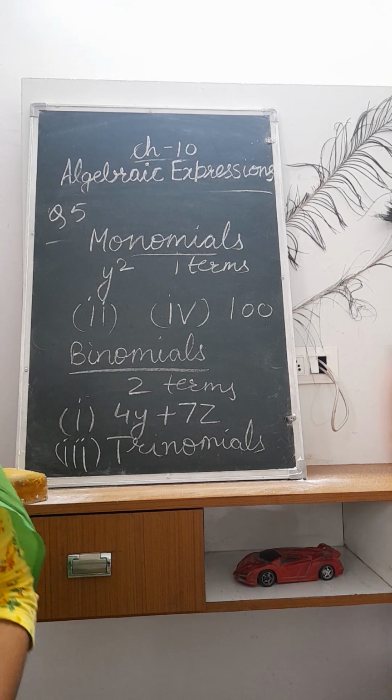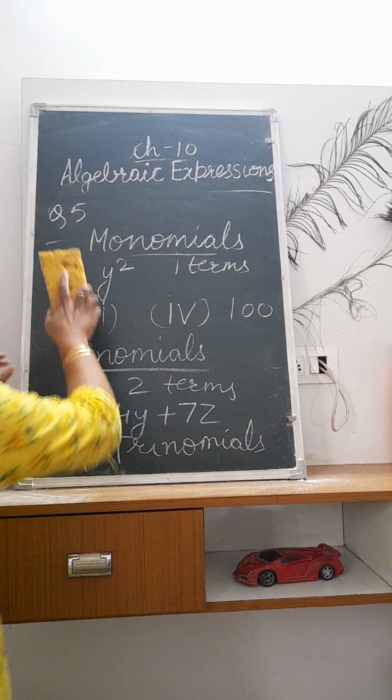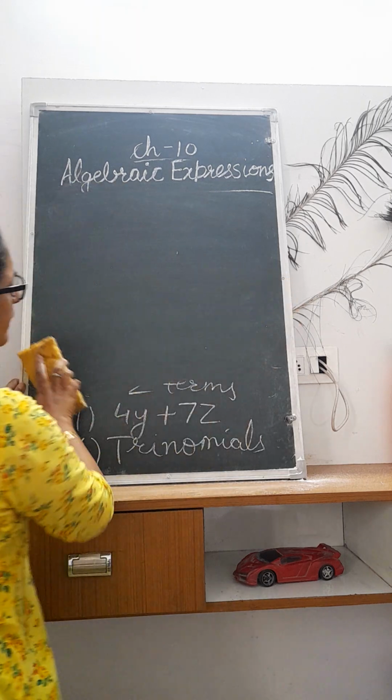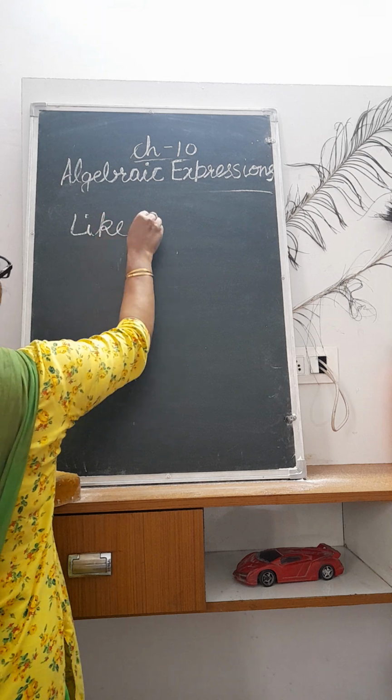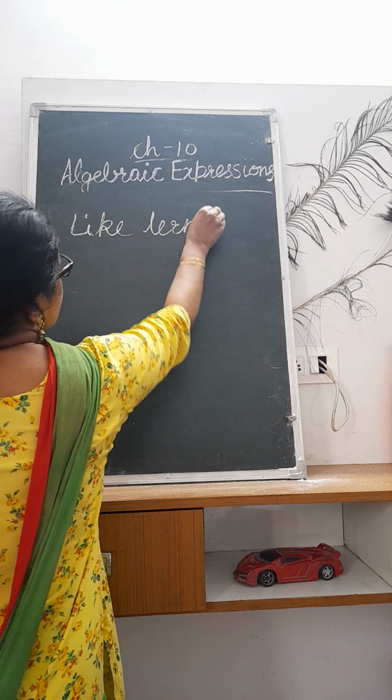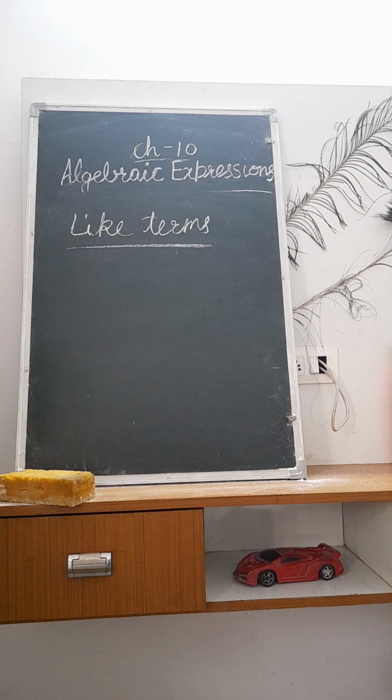Okay students, now let us talk about like terms and unlike terms. Like terms are simply terms having the same variables. Signs will not make any difference, but the variable should be the same.